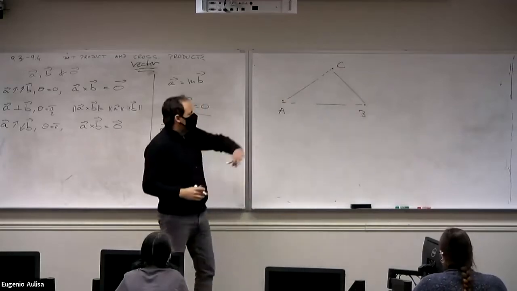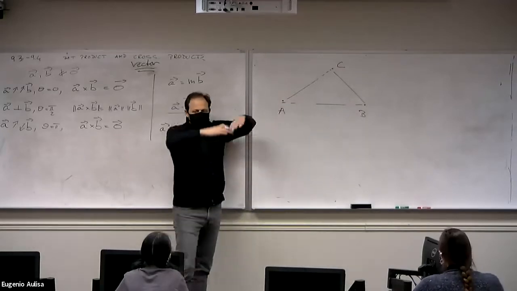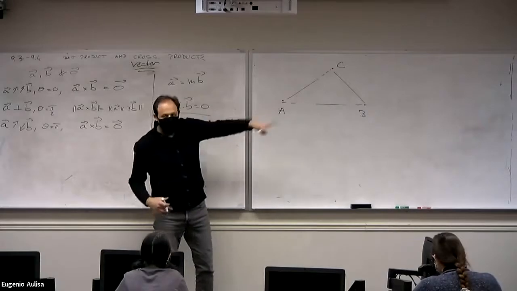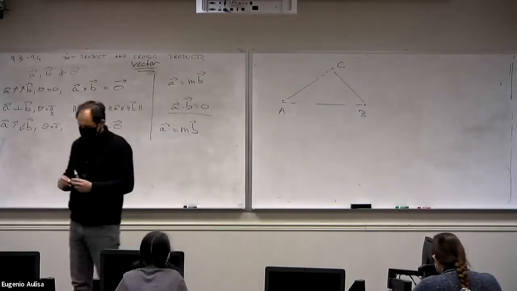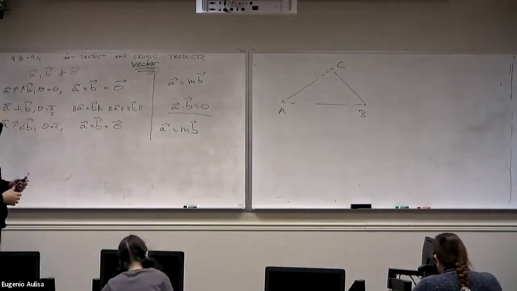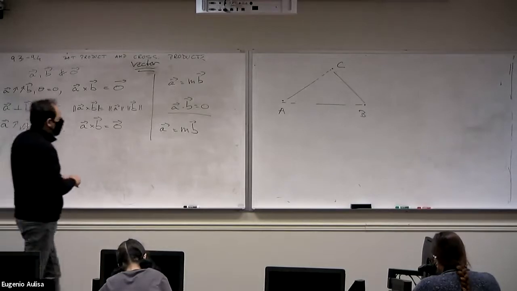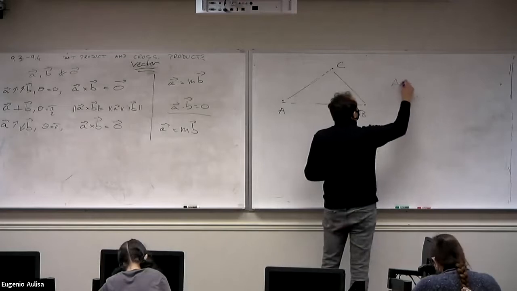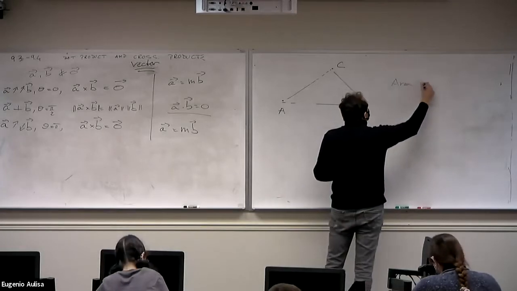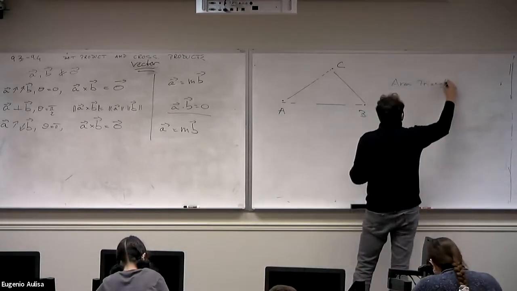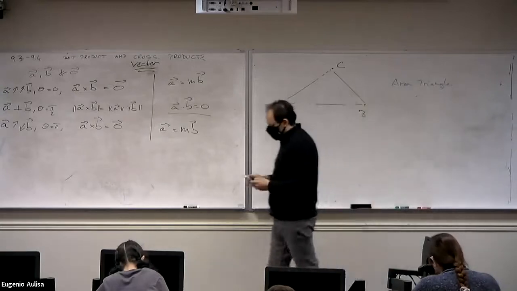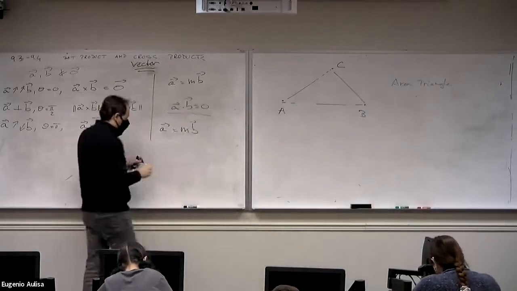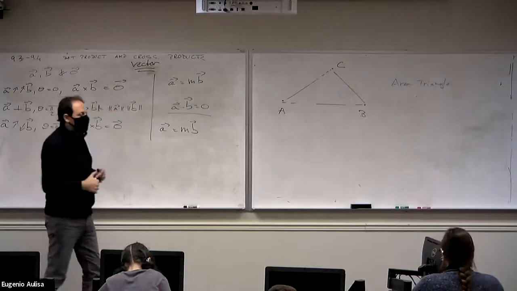This triangle doesn't have to be on the whiteboard. It can be coming out of the whiteboard. So I want to find a formula for the area of this triangle. It's useful to use the cross product.